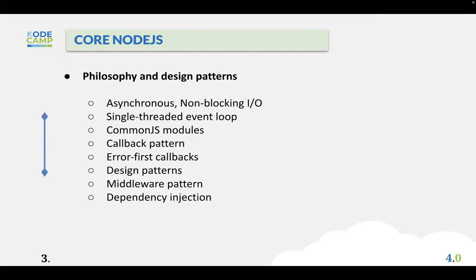In traditional web servers, they rely on synchronous input/output. I/O means input/output. So the traditional web servers rely on synchronous I/O, meaning the server waits for an I/O operation, like reading a file or making a network request, to complete before processing the next request.